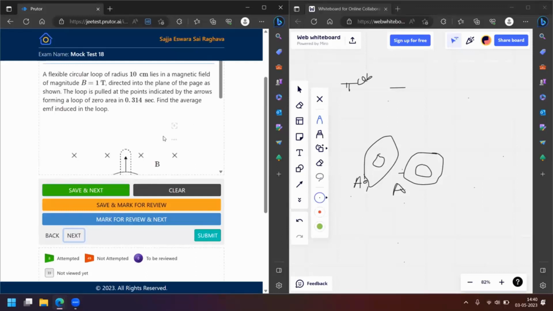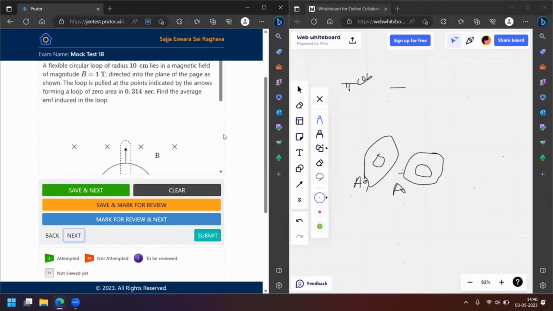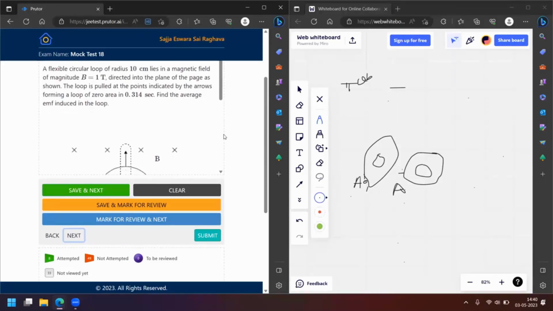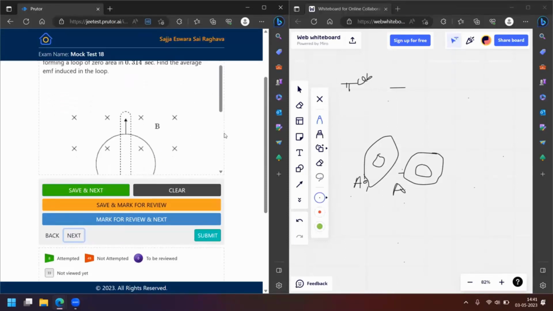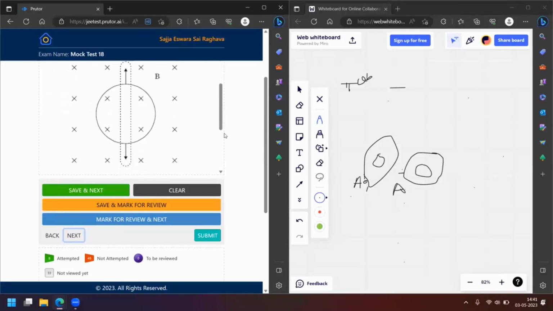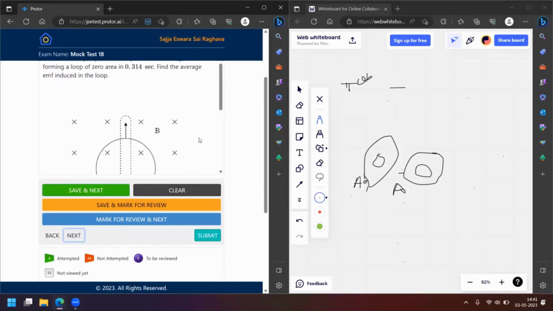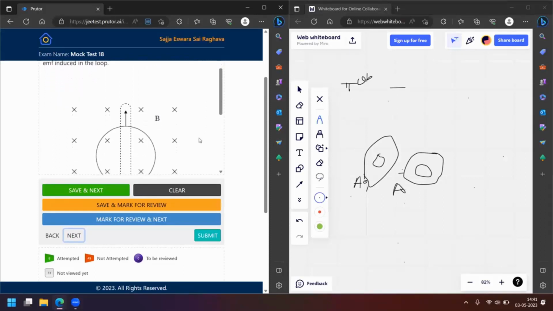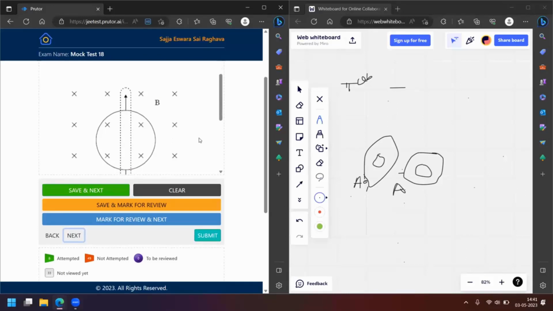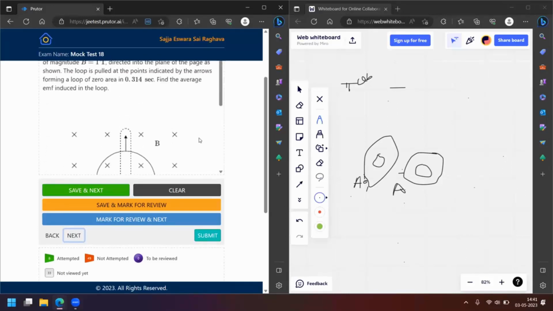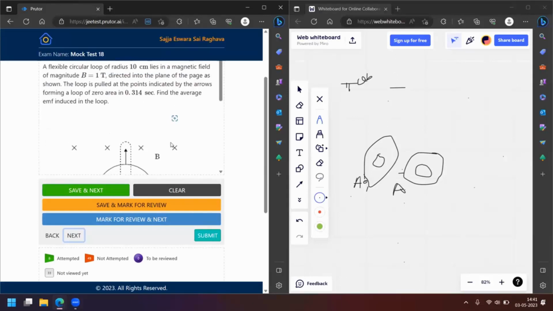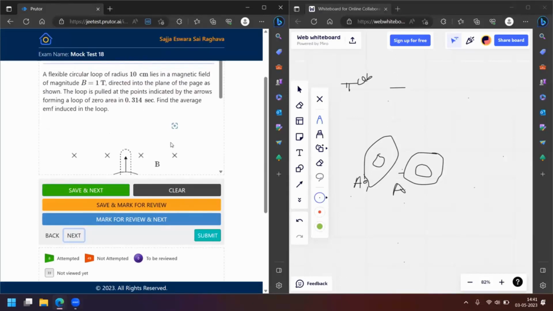Since the area of the loop is not changing, I think the flux is not changing, so the average EMF will be zero. Because initially and finally, even though the loop changed its shape, the flux passing through it is the same. So I think the EMF should be zero in this case.